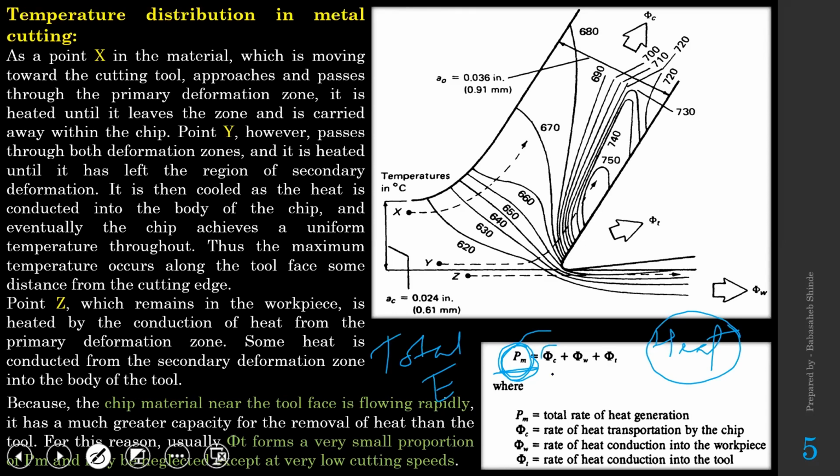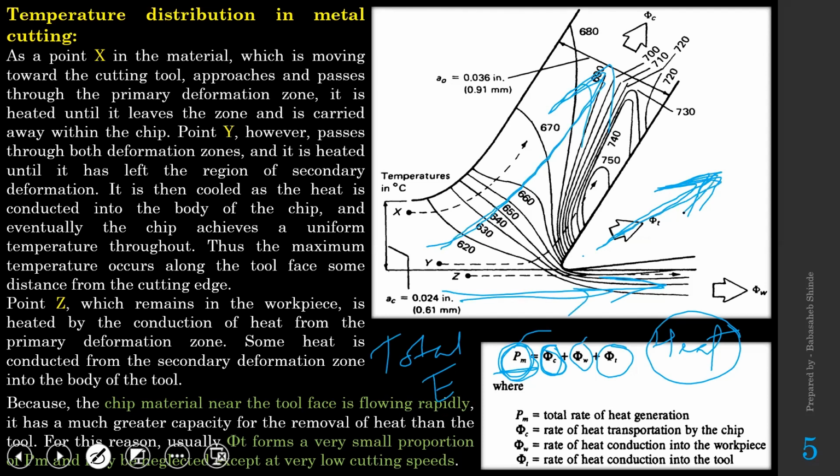First one, phi C, the amount of heat taken away by the chip. Then second, phi W, the amount of heat taken away or absorbed by the workpiece. And third one, phi T, the amount of heat that gets absorbed by the cutting tool. So whatever heat is generated in metal cutting will be taken by the chip, by the workpiece, and by the cutting tool.